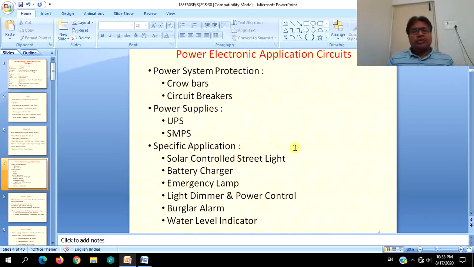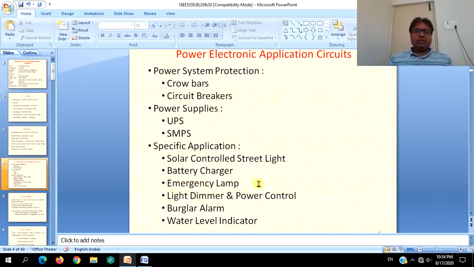And when it comes to specific applications, these are the applications for which we will specifically design our circuits. Solar controlled street light, battery charger, emergency lamp, light dimmer and power control, burglar alarm, water level indicators. All these circuits can also be designed for lesser ratings by simple electronic devices. But when it comes to power frequency things, we have to have more ratings, so we have to use power electronic devices.